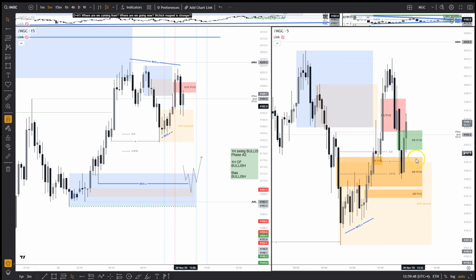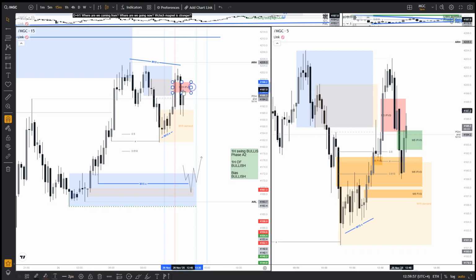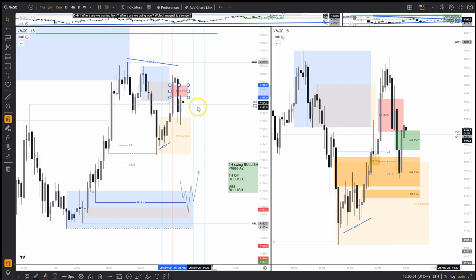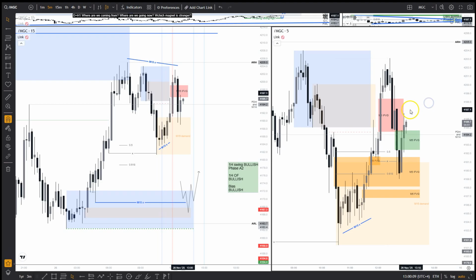There are 12 seconds left. Now M15 is still retracing from this. Are we mitigating? We need to mitigate this and then push higher. How much is this? We have mitigated it.